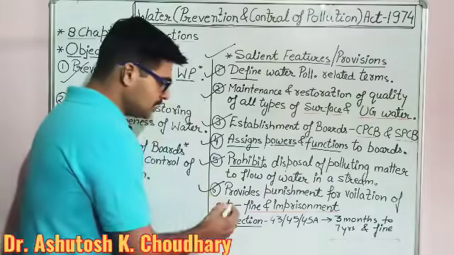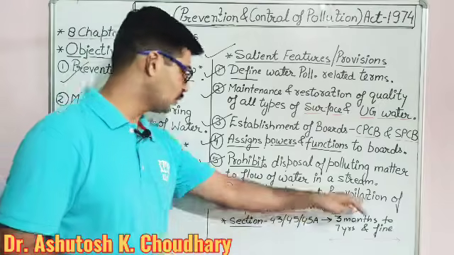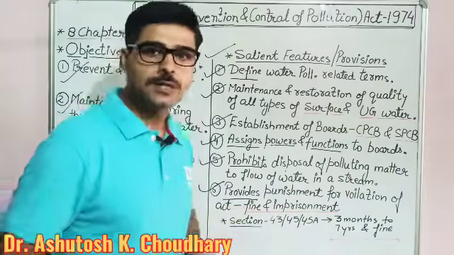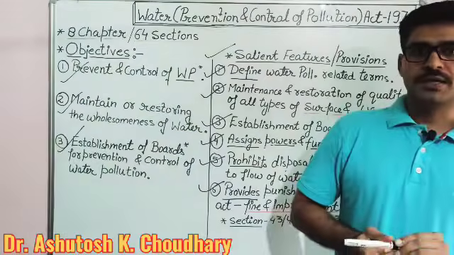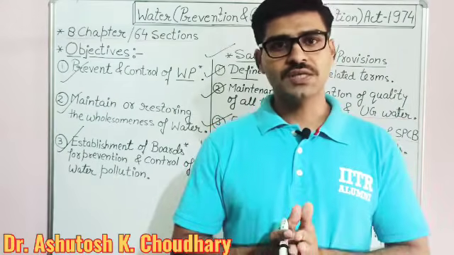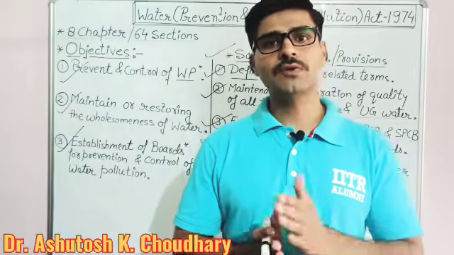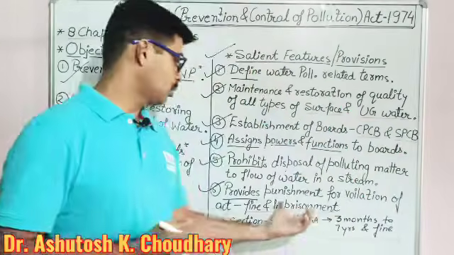Here the last point is that it provides punishment for the violation of the act. Now this punishment may be in two forms. It may be in the form of a fine, or imprisonment, or both.